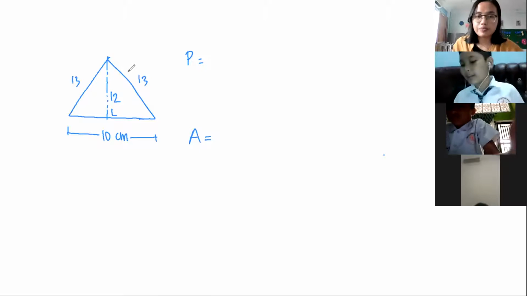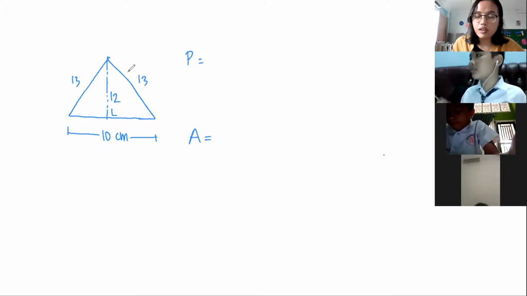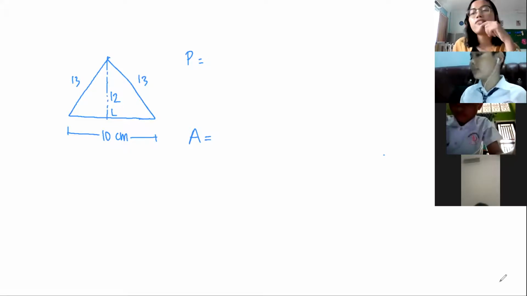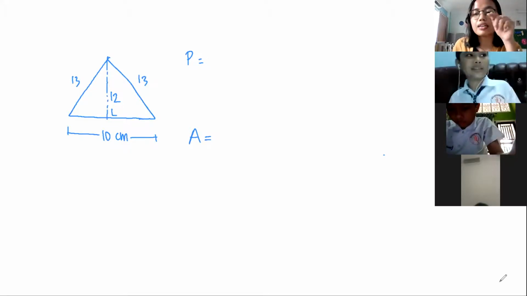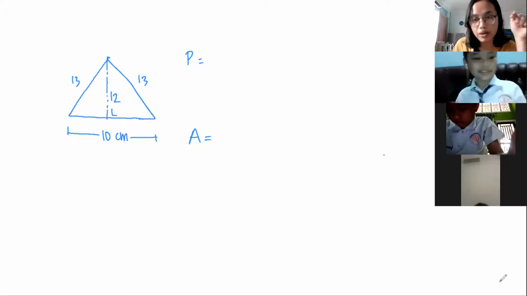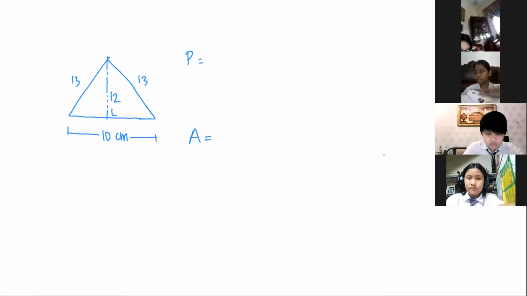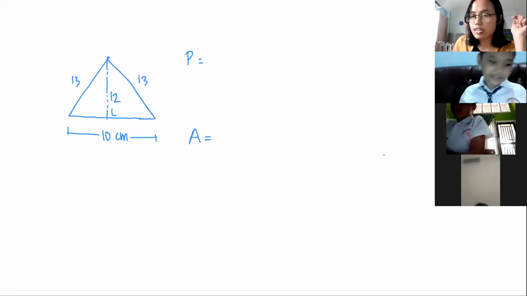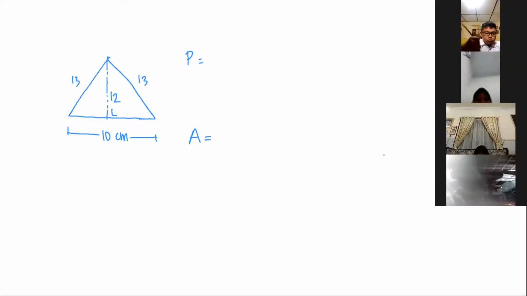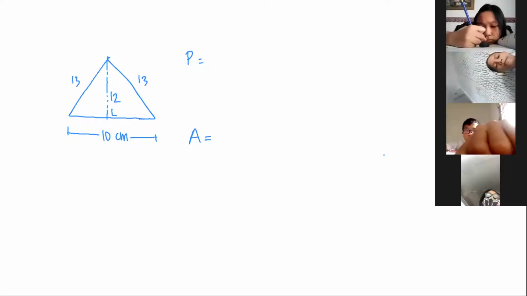Okay, kids, I think 1 minute left. Miss will wait until 8.36. 1 minute left from now. You have to try, kids. Okay, Rehan is done. Thank you. Perimeter and the area. Okay. 1 minute left.